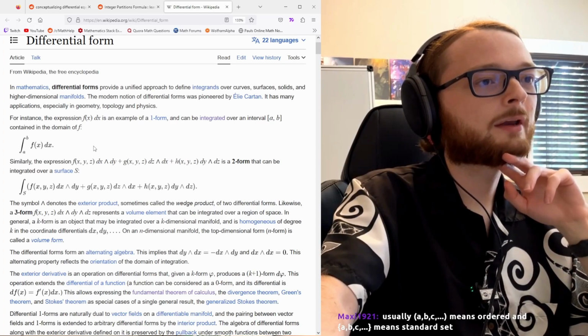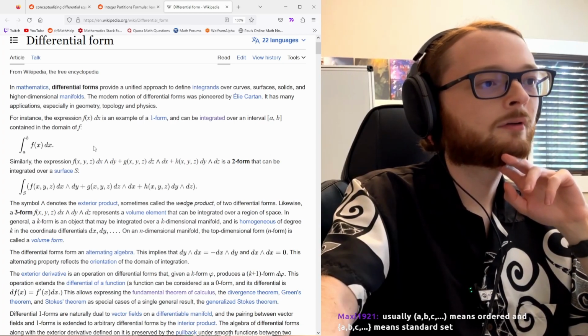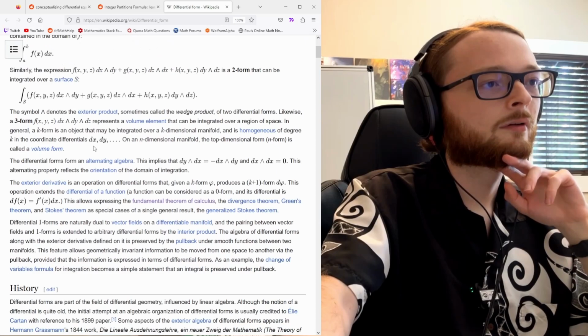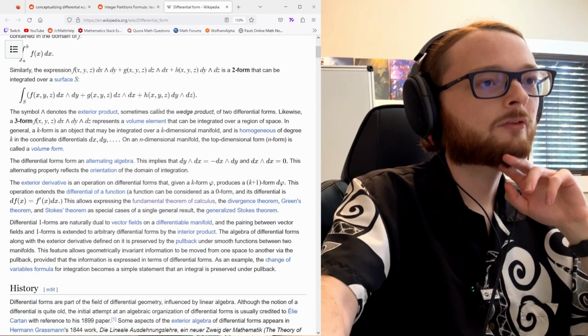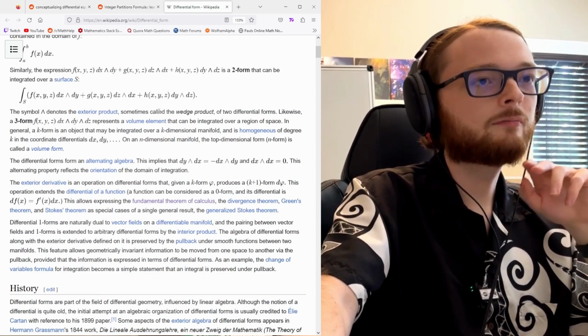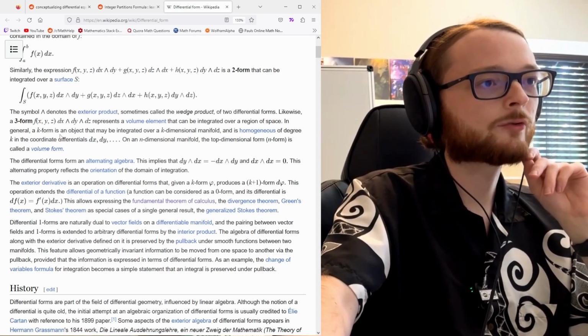Yeah, this is beyond any math that I ever learned. Exterior product called the wedge product. Interesting. Haven't heard of that either.